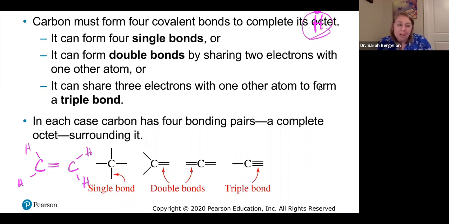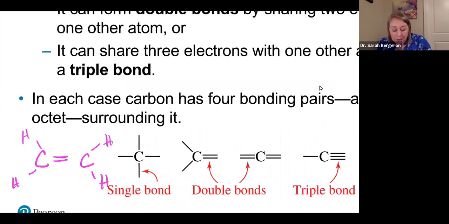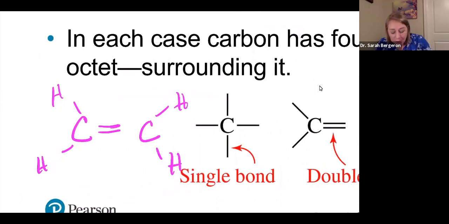So remember, each line is a bond and counts for 2 electrons. So if each bond is 2, I'm going to count around carbon 2, 4, 6, 8. Carbon's happy. Let's check this carbon. 2, 4, 6, 8. So each of those carbon atoms has a complete octet and is happy.